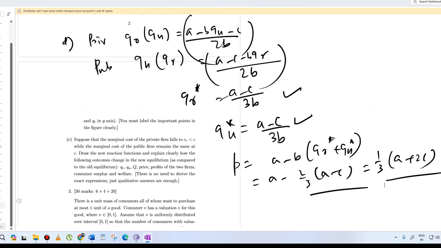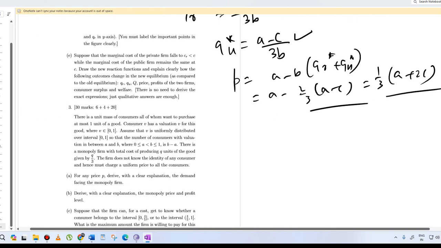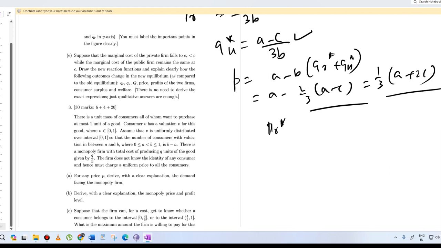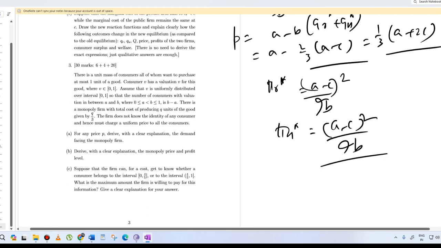The private firm's equilibrium profit, pi R star, is (A minus C) whole square by 9B. Pi U star is also (A minus C) whole square by 9B. Welfare is the sum of these two and CS.